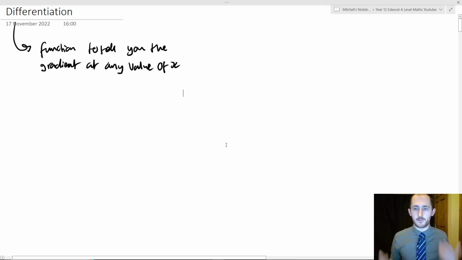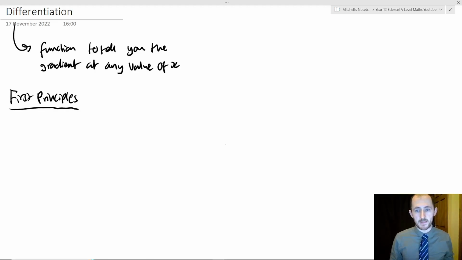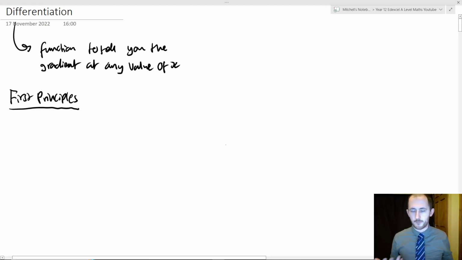Well, the first thing we're going to do is work it out from first principles. So this is essentially, how do we do this mathematically from scratch? Okay. Now I would like to preface this. Differentiation comes back in A2 maths and it's a lot more complicated. There are a lot more functions that we differentiate, so sine, cos and tan, exponentials, logarithms, etc. And we don't have to do it from first principles.